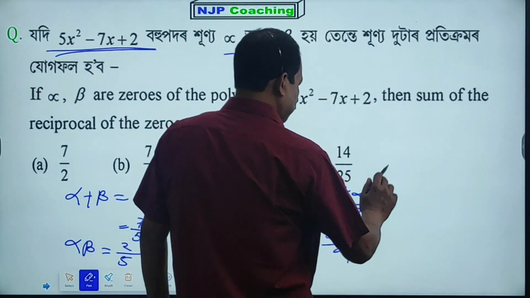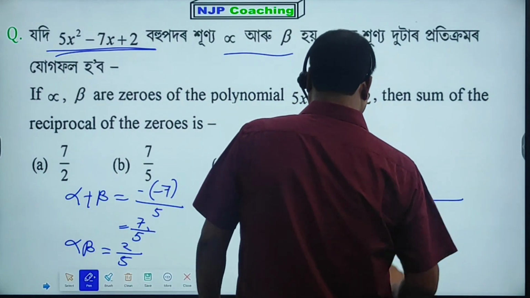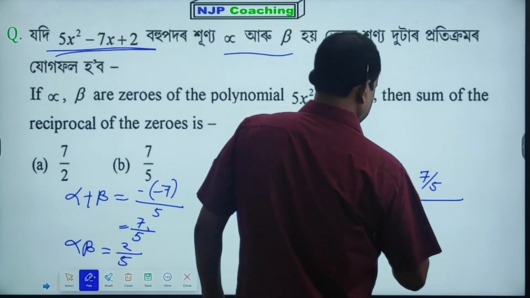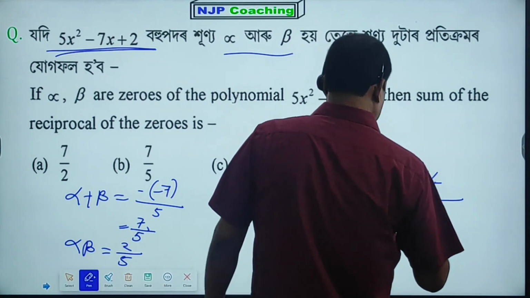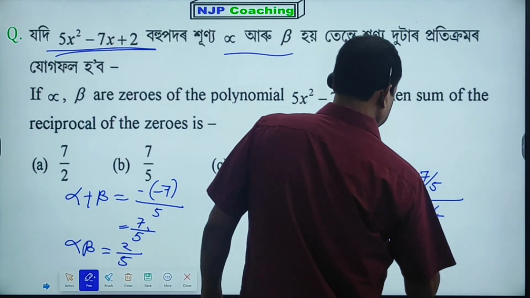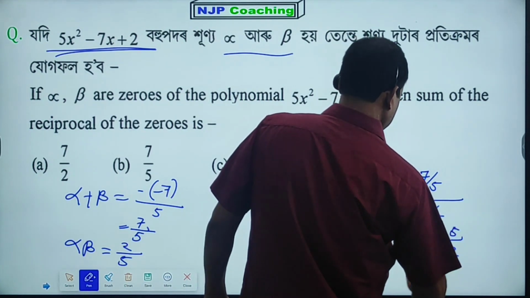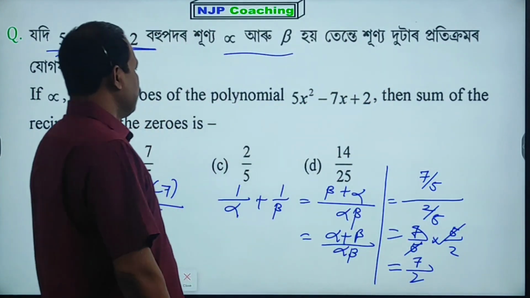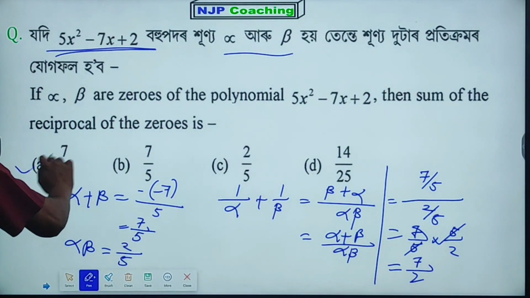Now if I put the values, alpha plus beta equals 7 by 5 and alpha beta equals 2 by 5. So 7 by 5 into 5 by 2 equals 7 by 2 on cancellation. 7 by 2.